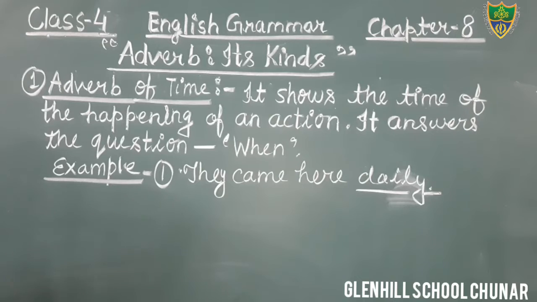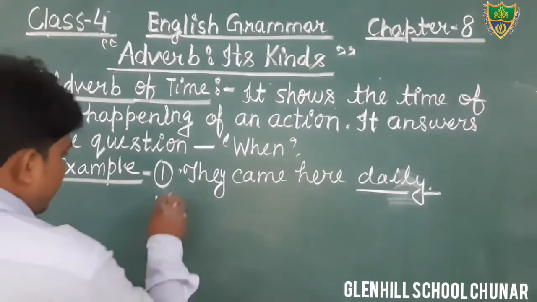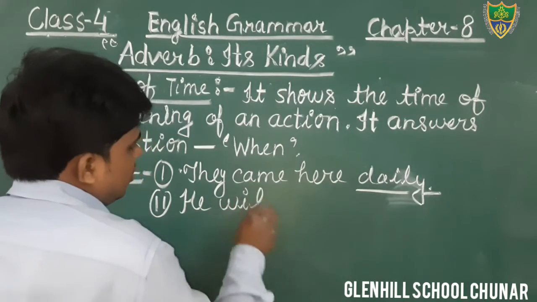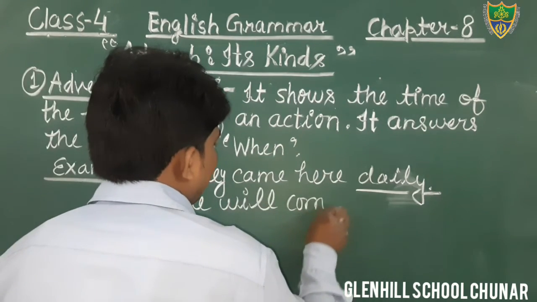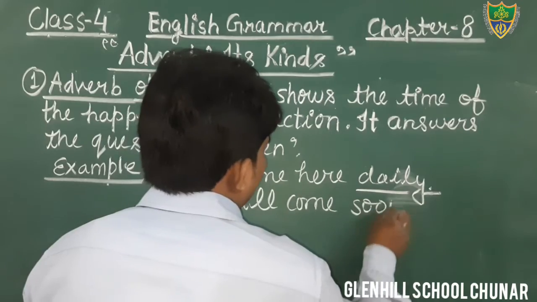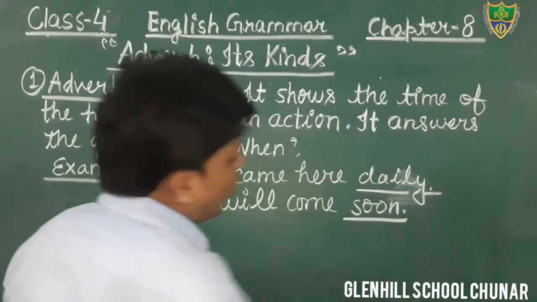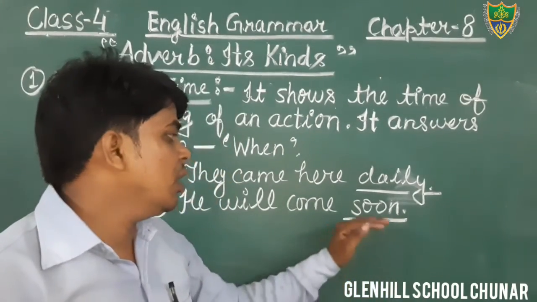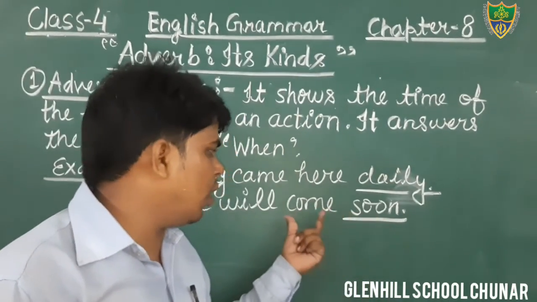Okay, students, so just write down. Next, you can write: he will come soon. You see, students, in this sentence, what is the adverb of time? The word soon, and it also qualifies the verb.